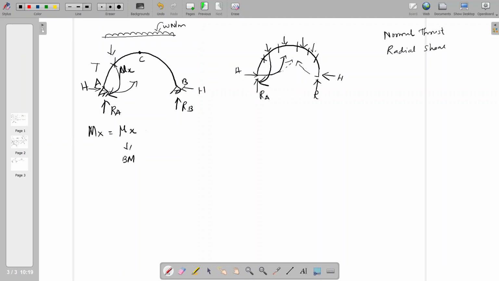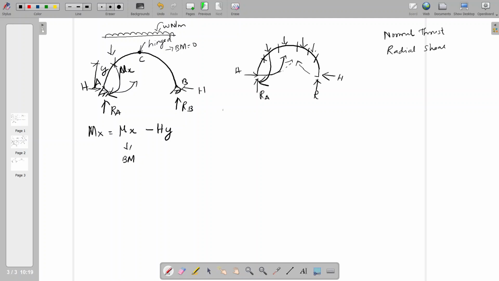The H should have some perpendicular distance up to the section, that is meant by y. So Mx equals mu x minus Hy. So the bending moment at a particular section is equal to the bending moment at this point due to the vertical load minus H into y. And the crown point is the hinged point, three hinged, so it is a hinged point where bending moment equals 0. So we have bending moment equal to 0 at A and B and C. With the help of these three equilibrium conditions, we can calculate the available unknowns.